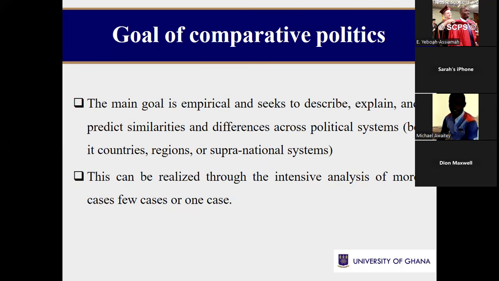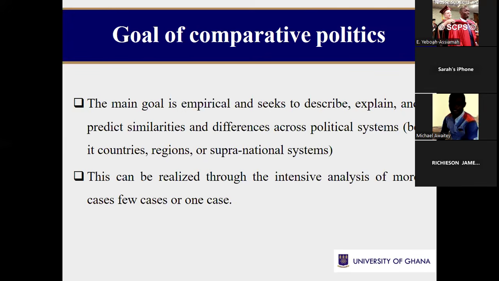And this can be realized through the intensive analysis of more cases or one case. When we systematically examine cases, we can predict. I know countries that followed this particular line of action, they ended up becoming bankrupt.